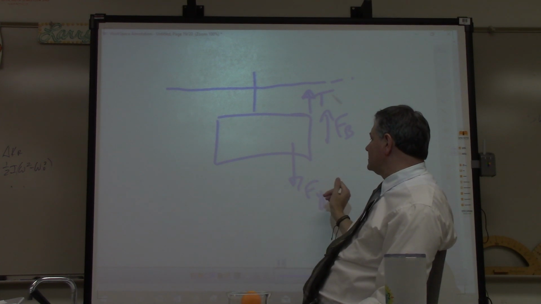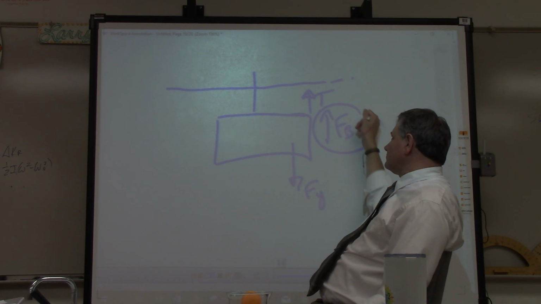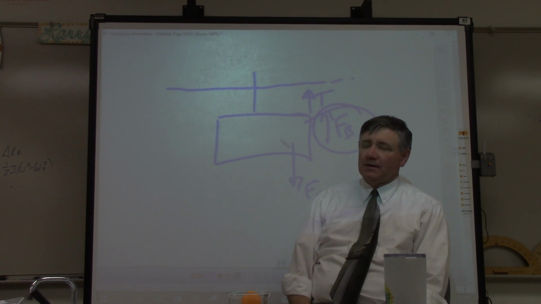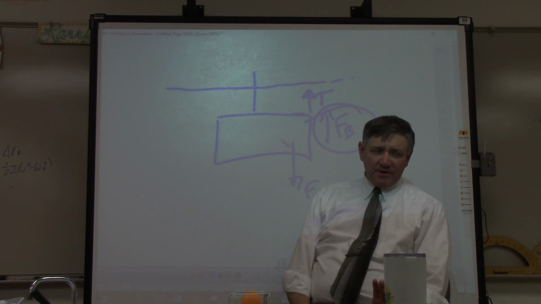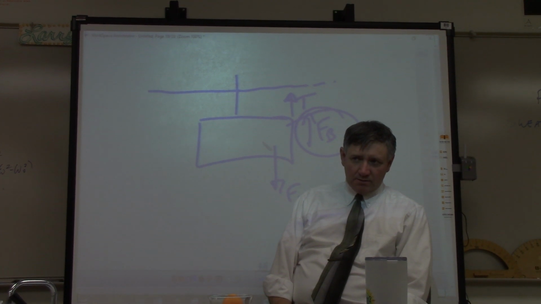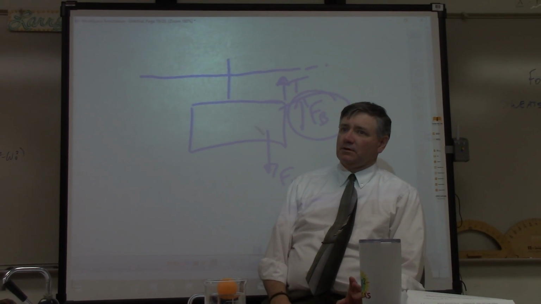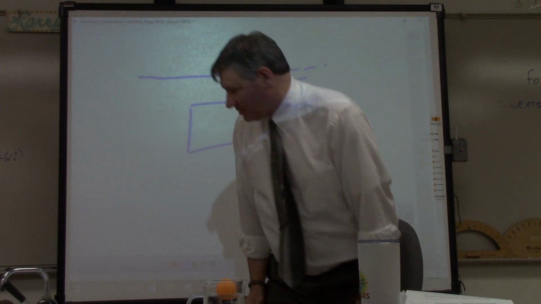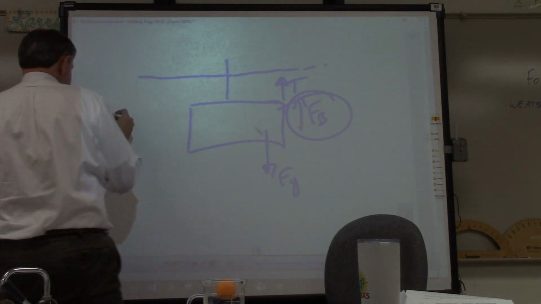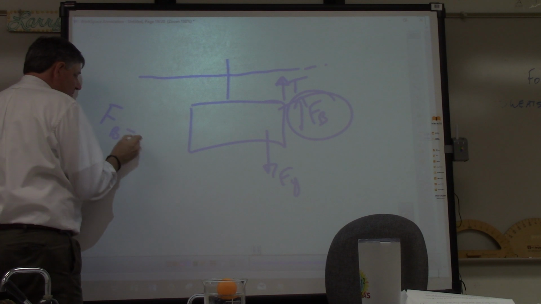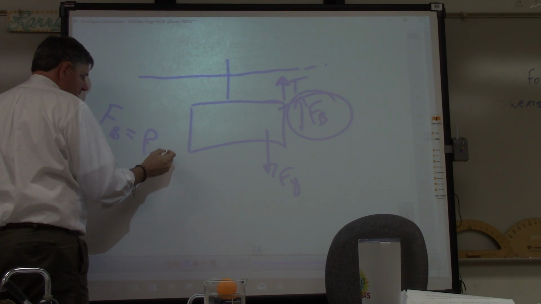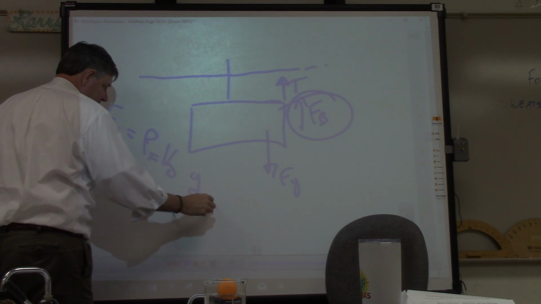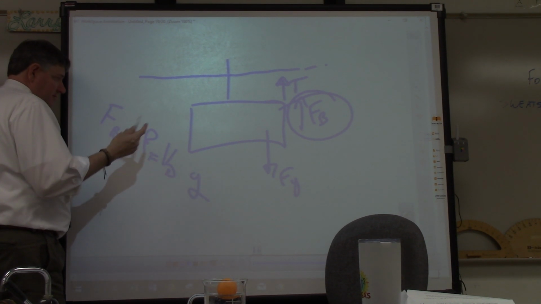Now, here's the problem. You have to find the buoyant force. To find the buoyant force, what do you have to know? The density of the fluid, the volume displaced, and g.